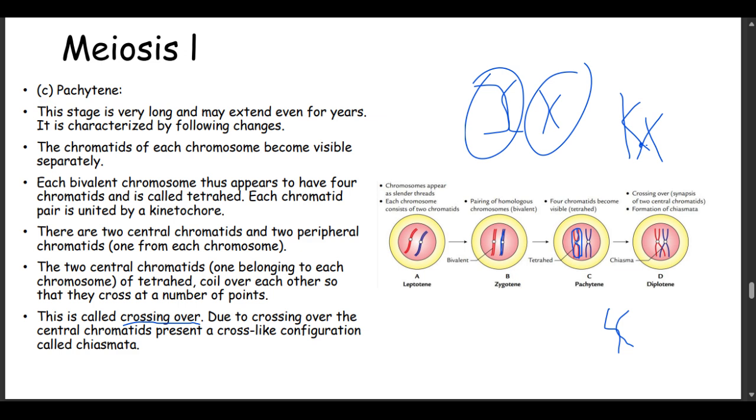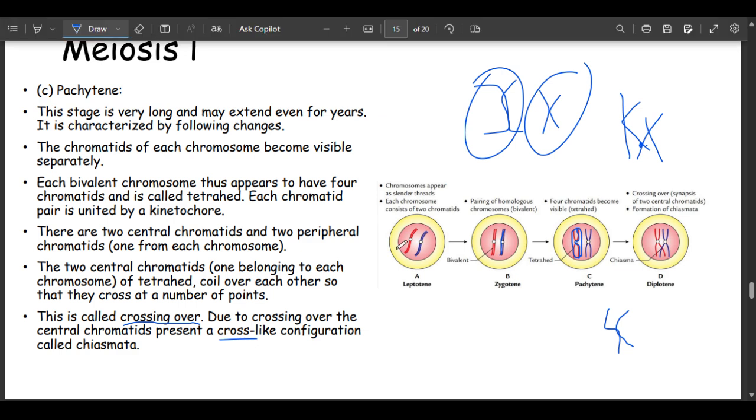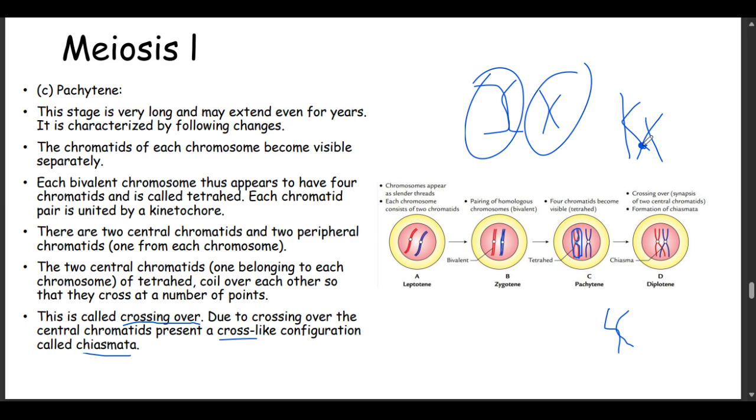This point where they are cross-linking is known as a chiasma, or chiasmata, however you might choose to call it. That chiasma is the point where there is meeting, and then the DNA material is exchanged there. That's how you end up having children that have traits from the mother and the father combined, because of this process.